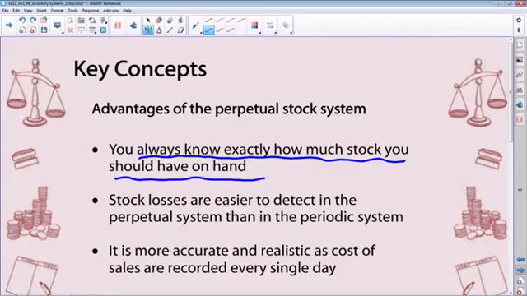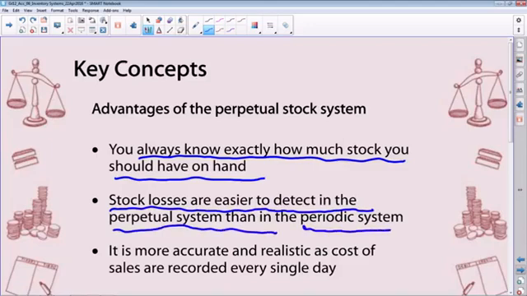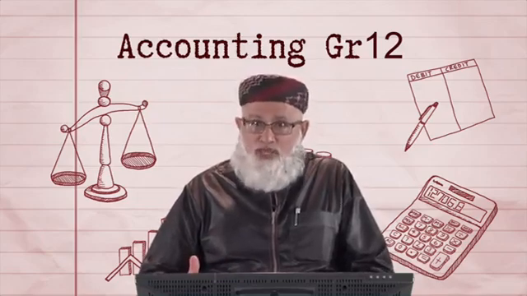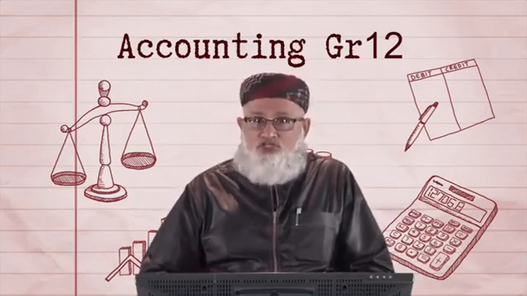Clear? Number two, stock losses are easier to detect using the perpetual system rather than the periodic system. In other words, if you take a stock take and you compare that stock take with the actual stock figure as it appears in your trading stock account, you will be able to ascertain immediately whether you have a trading stock shortage or a trading stock surplus.